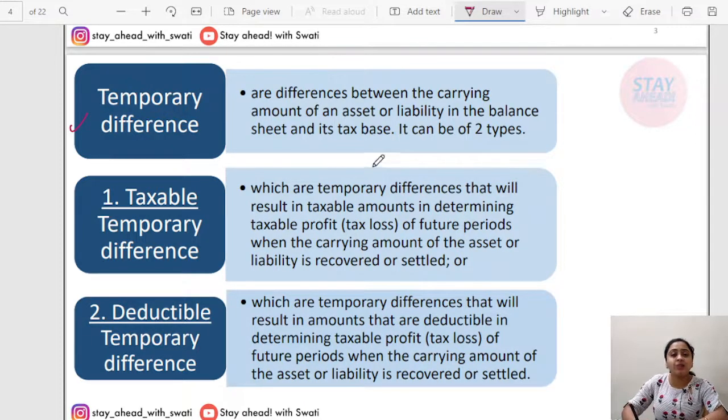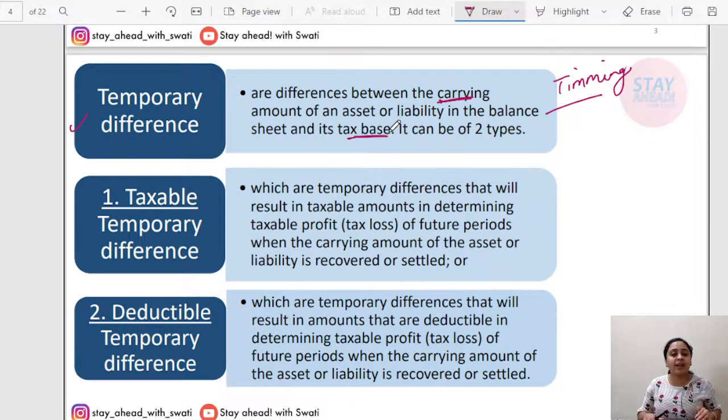The other name for temporary difference is timing difference. What does this mean? Timing difference simply means the difference in the carrying amount and the tax base is just because of the timing. The entire value, if taken as a whole, is equal.